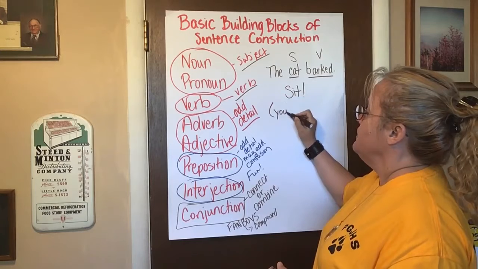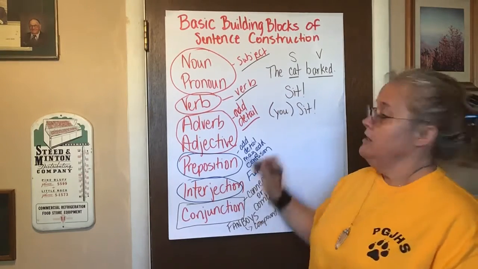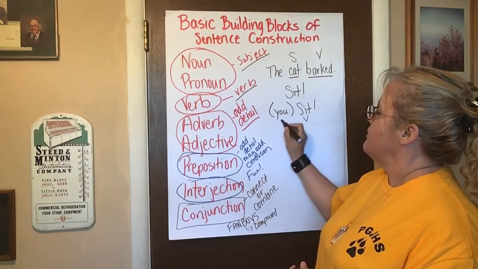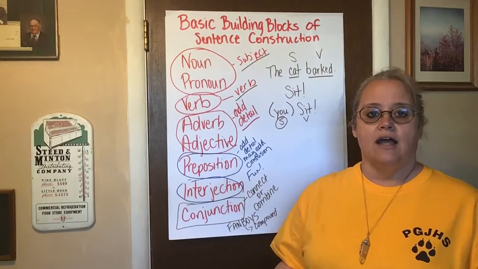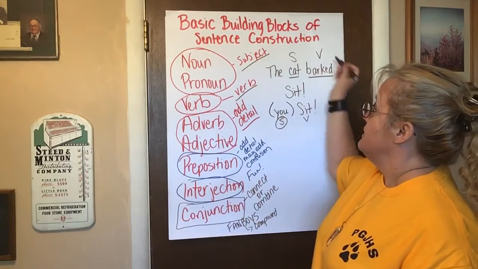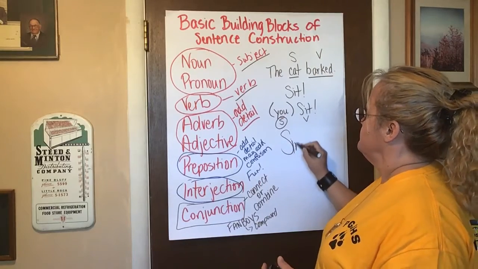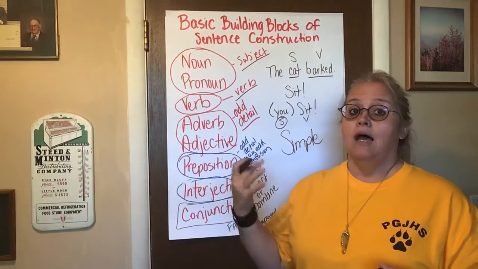So if I were going to explain that, this is my verb, this is my subject. All right? It's understood. Don't have to write it out. That's just the way it goes. All right? This is a simple sentence. Make sense? I hope so.